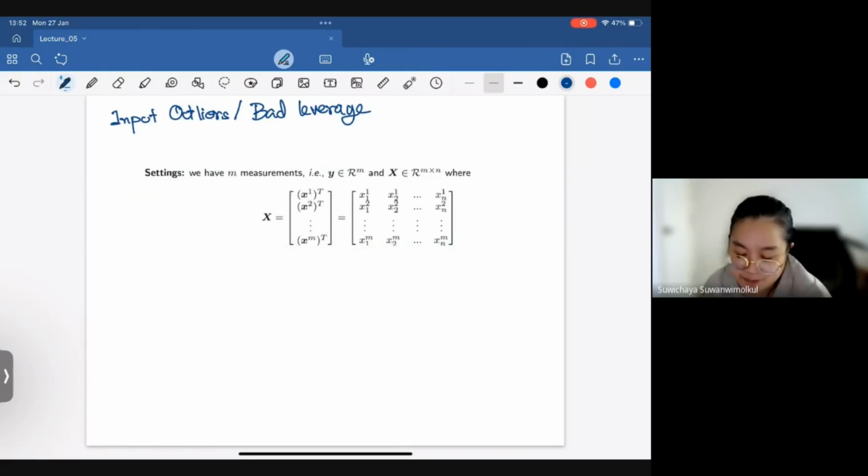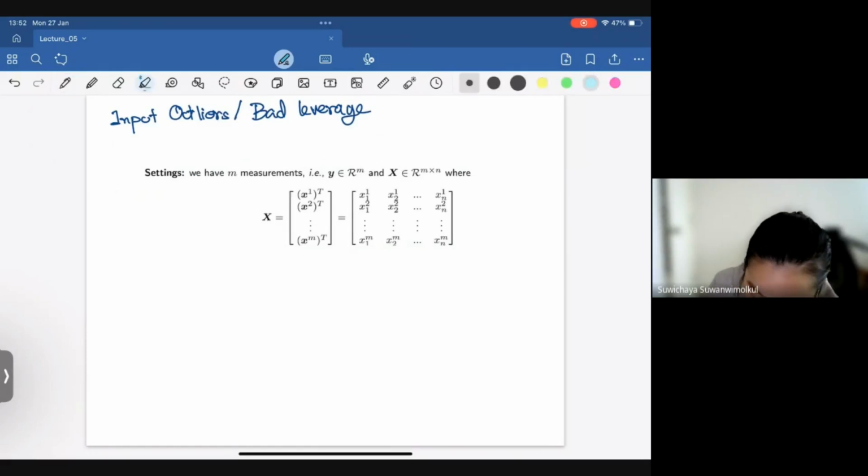If you remember from last time, we want to use linear regression to estimate a value. Our training samples, maybe we have m samples for the measurements, and therefore our input should also have m samples, where n here is the feature dimension of our input.